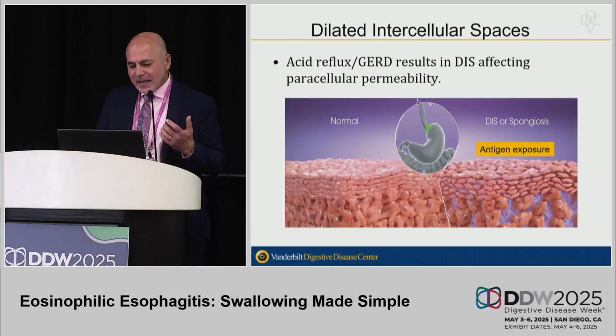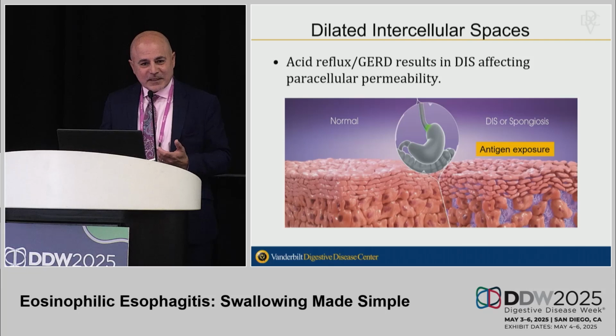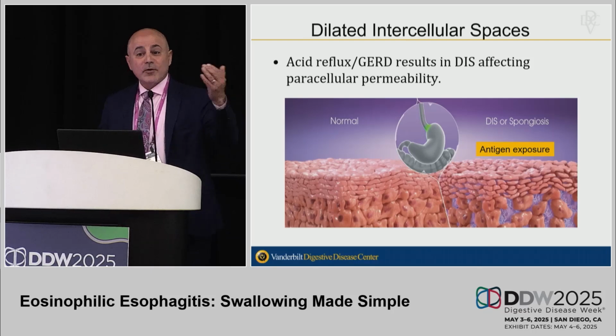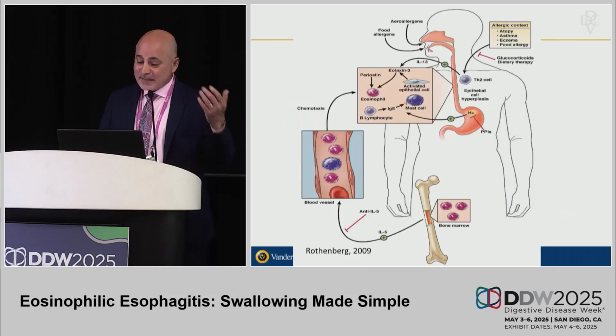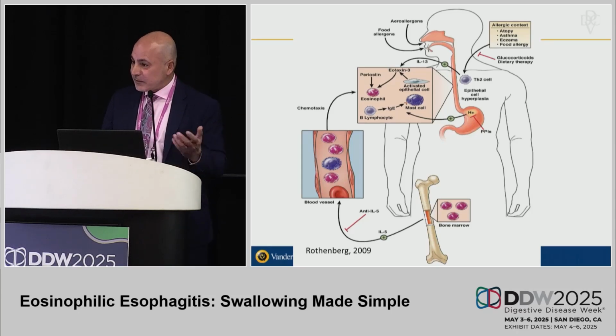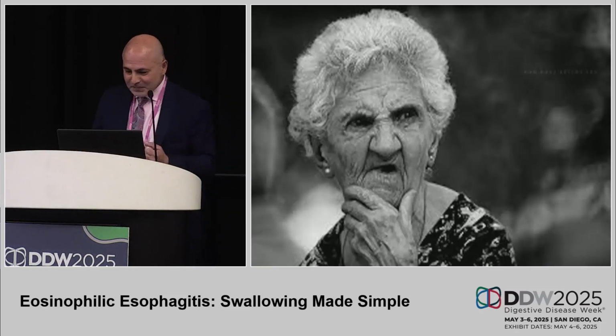Acid could cause dilated intercellular spaces through which you could have antigen exposure, through which you could have eosinophilia. So GERD could cause eosinophilic esophagitis. And then that would lead to all of this cascade of things that we're familiar with, adults and pediatrics, and that's EOE. So everything's clear so far, right?